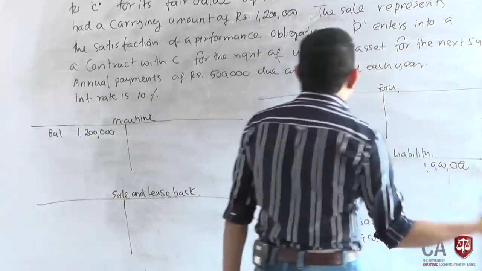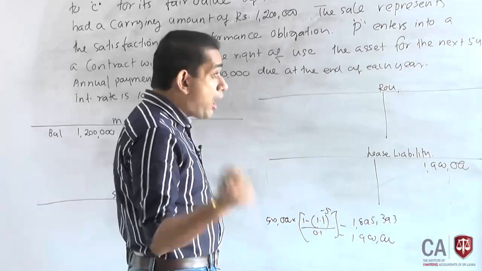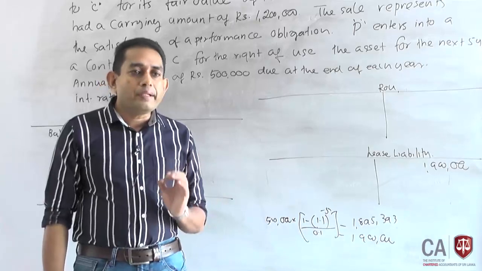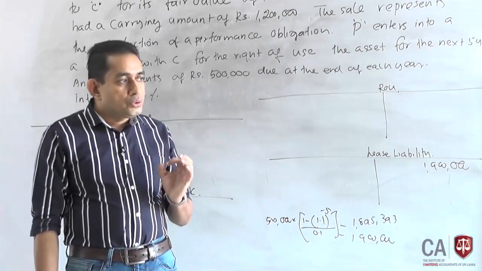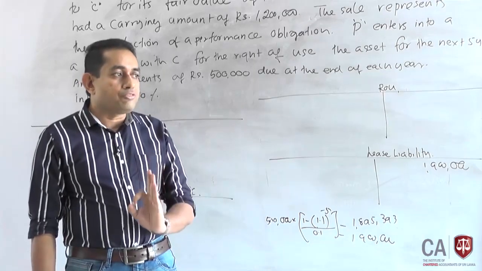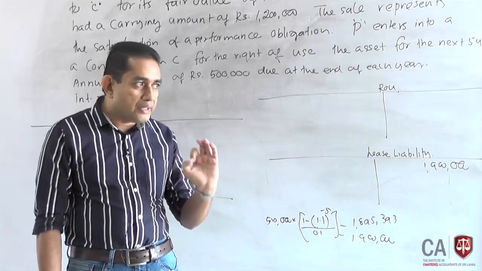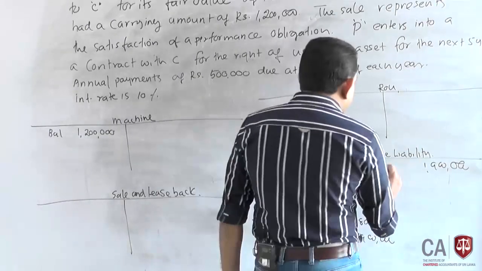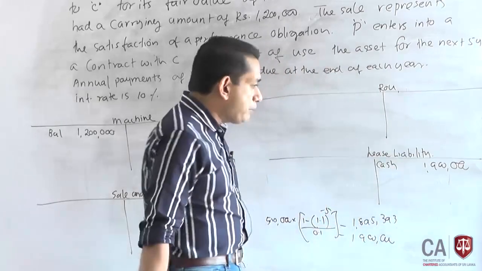How much have you received now? 3 million was the amount of consideration you received by giving the asset. Out of 3 million, 1.9 million rupees is like you making yourself liable to pay for the use of the asset for 5 years ahead. So, that 1.9 million rupees is debited to cash and credited to lease liability.